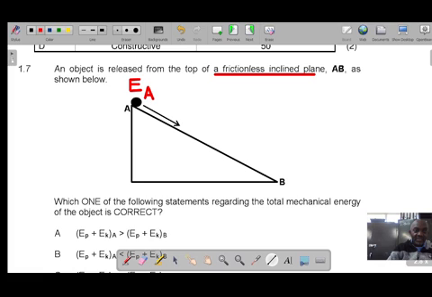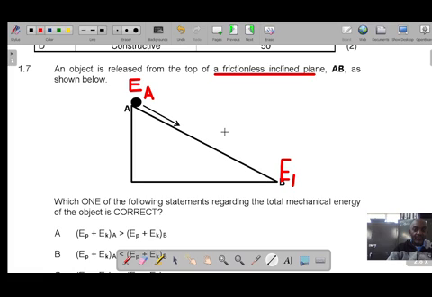We didn't lose any energy. So even here it will also be equal, because we didn't lose any energy. Somebody can say, why is it like that? Because here the slope is frictionless.